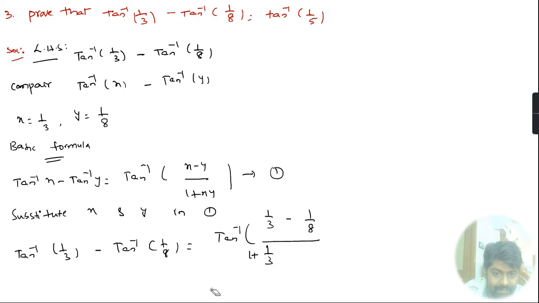So the formula is tan inverse of 1 by 3 minus 1 by 8 by 1 plus 1 by 3 into 1 by 8.